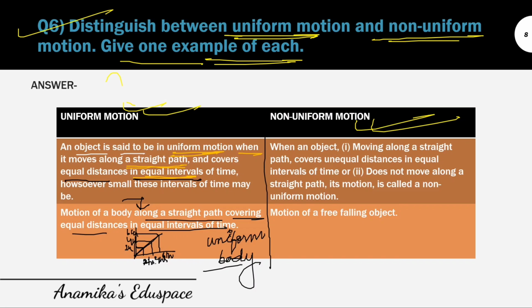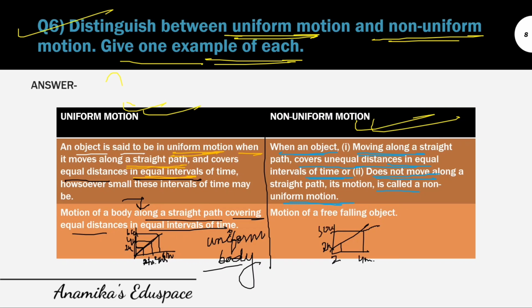Next is non-uniform motion. So when an object moving along a straight path covers unequal distances in equal intervals of time, or does not move along a straight path, its motion is known as non-uniform motion. Non-uniform means in 2 minutes it is moving 2 kilometers, then at 4 minutes it is moving 50 kilometers.